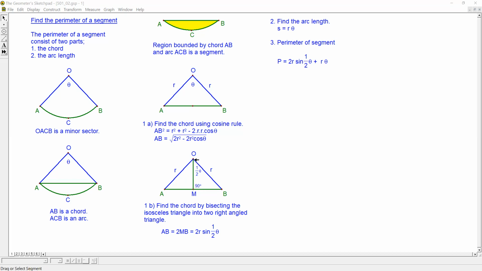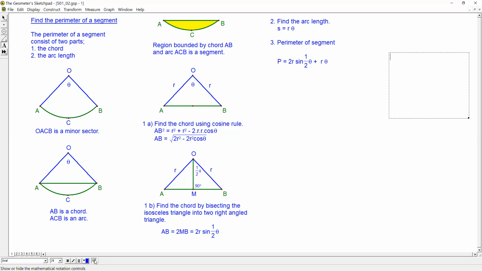So you consider this triangle on the right hand side, OMB. Now MB divided by r is sine half theta.